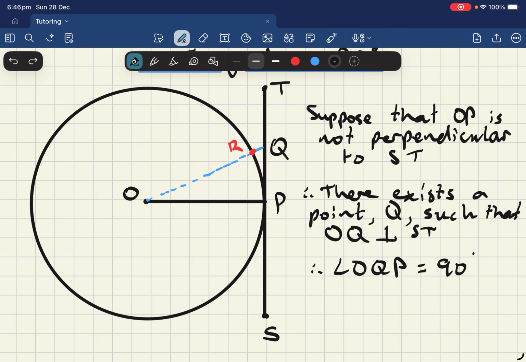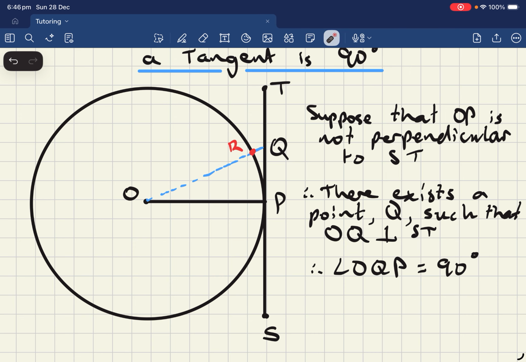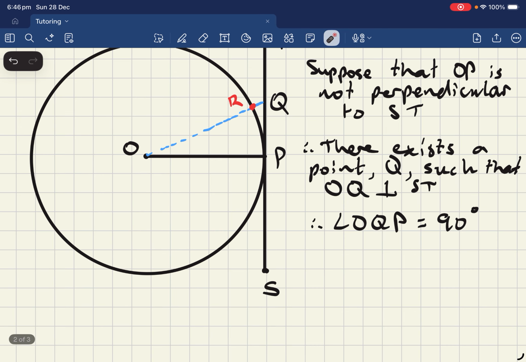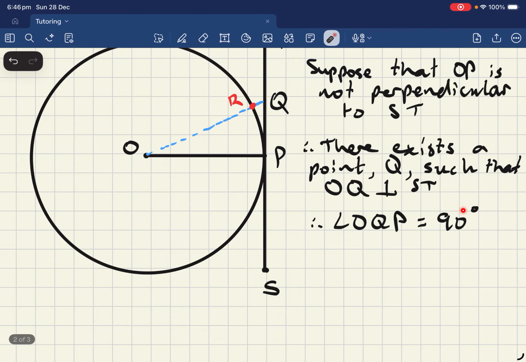What we've drawn, with O, Q and P, is a triangle. Because it's perpendicular, this must be a right angle triangle.